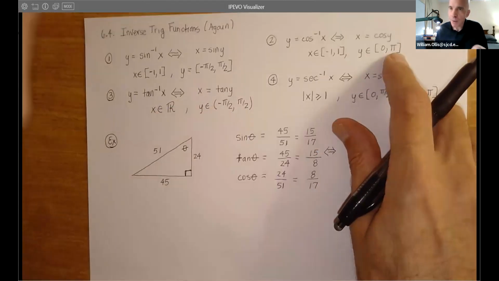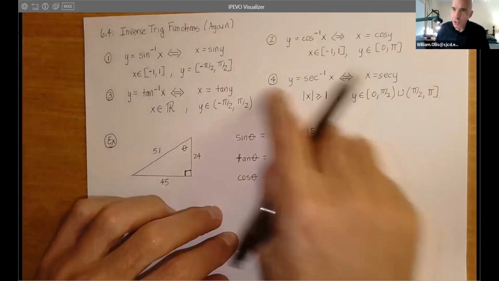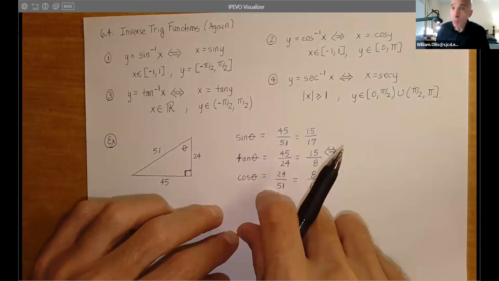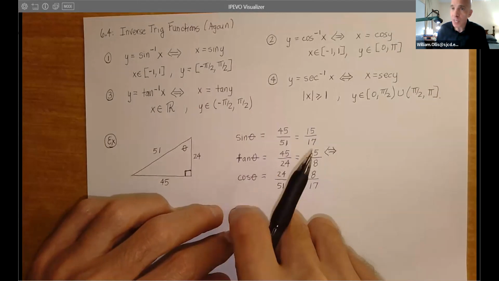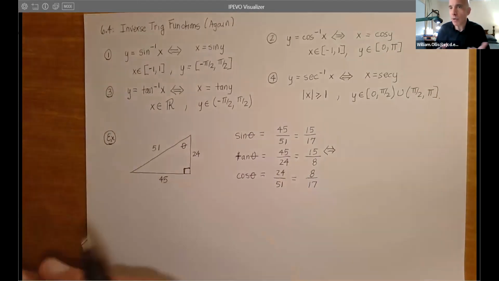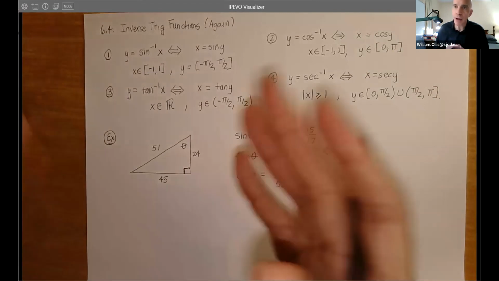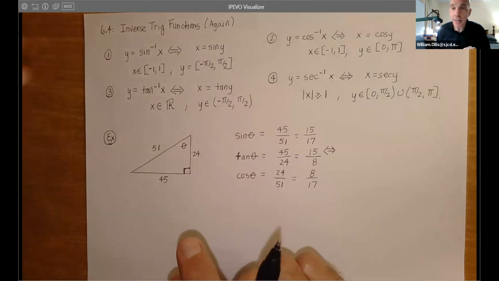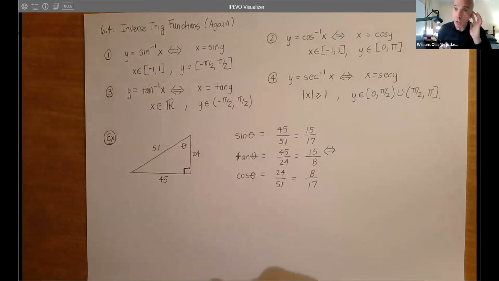Again, pi over 2 to pi. So these constructions here basically tell us what we should expect when we apply the inverse trigonometric function. You don't just throw caution to the wind and say, well, whatever I get, I guess that's just what the calculator told me. You're already going to know what you're going to get. The calculator will just give you a more precise approximation.